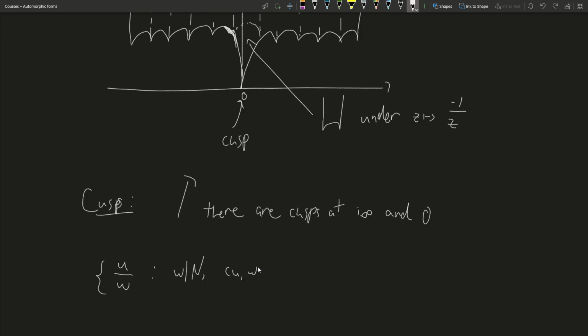u and w are coprime, so this means GCD(u, w) equals 1. This is a shorthand that I'll use often. And these range over u mod the GCD of w and N over w.